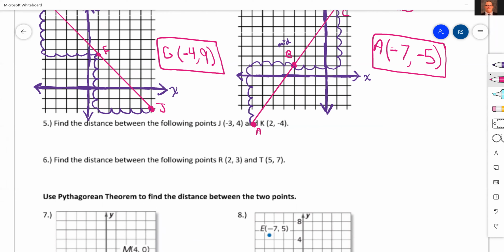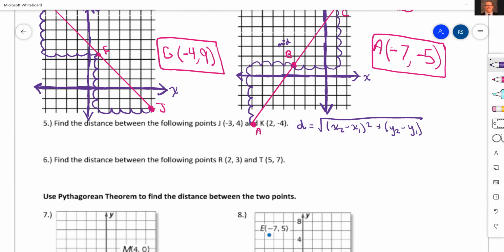So remember our distance formula. That's the one, that's that big square root. D equals the square root of x2 minus x1 squared plus y2 minus y1 squared.